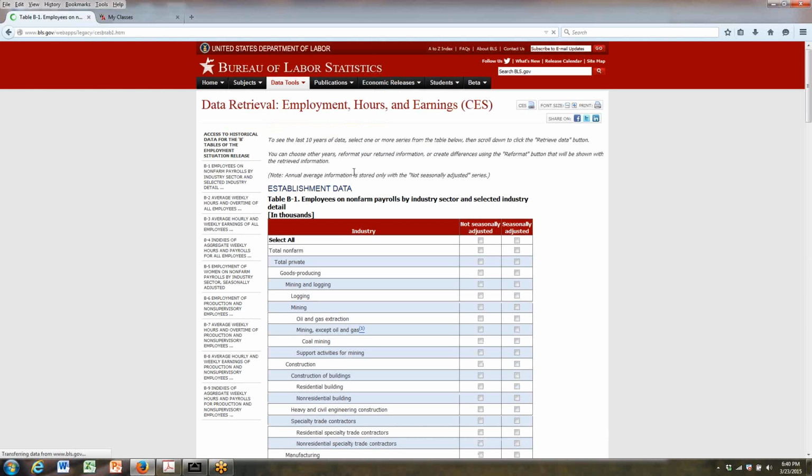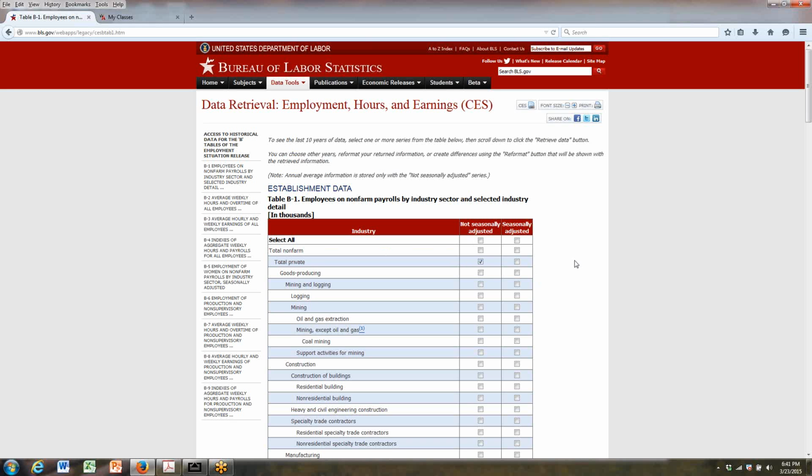and basically, it gives me some establishment data here. Employees on non-farm payrolls by industry sector and by selected industry detail. And I believe that first question was private jobs. Let me just turn to this lab. Yeah, non-seasonally adjusted private. So right here is private. You see the total private there? So I'm going to go over here, non-seasonally adjusted.